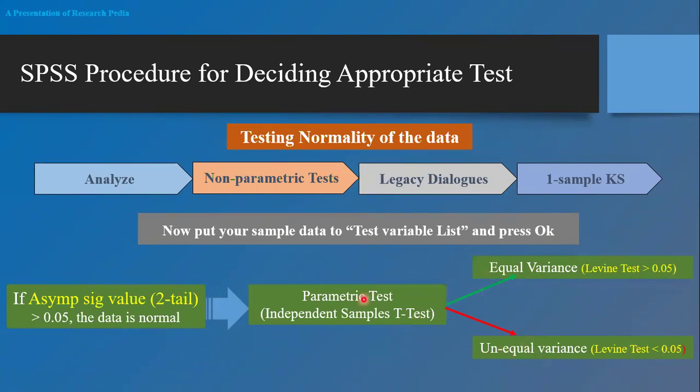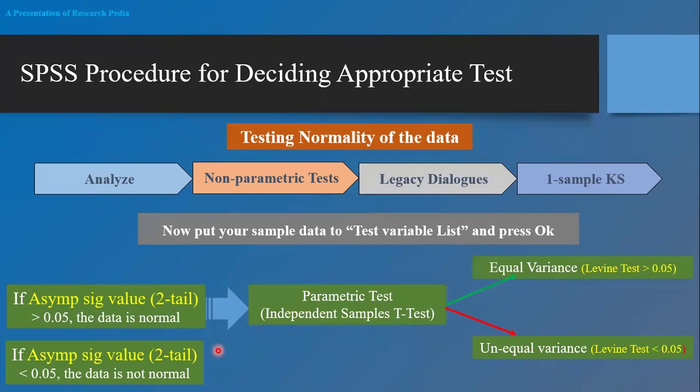So always remember, when your parametric test, the independent sample t-test, is approved, you need to see whether equal variance is assumed or unequal variance is assumed. If equal variance is assumed, you need to see the Levene's test value. It should be greater than 0.05.